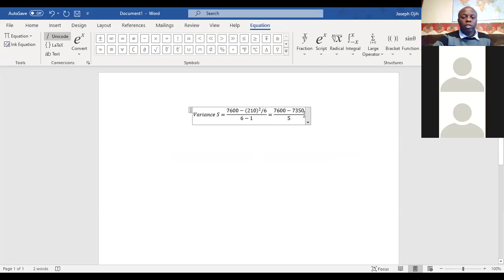Now, let us simplify this. Let us just finish it here, then I'll copy it to the main workbook once and for all.